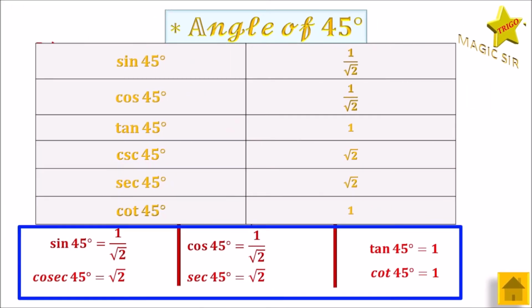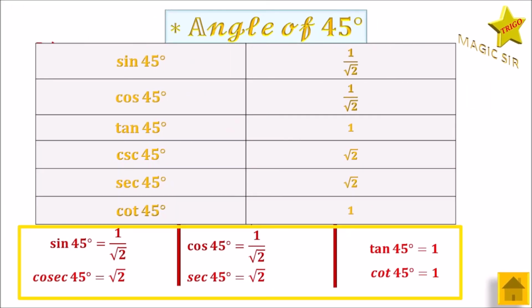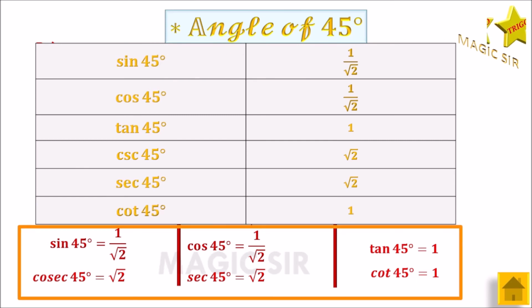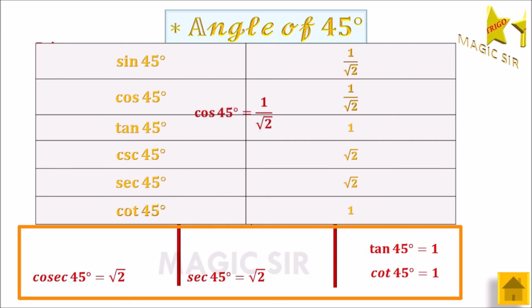Please try to remember these 6 values of angle 45 degree. Now enjoy the animation. Sin 45 degree equal to 1 upon root 2. Cos 45 degree equal to 1 upon root 2. Tan 45 degree equal to 1.